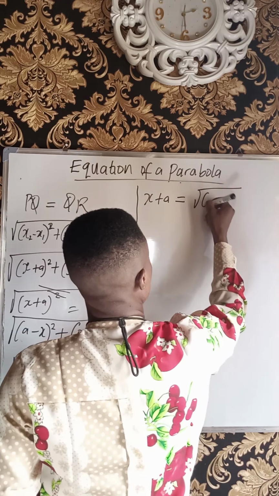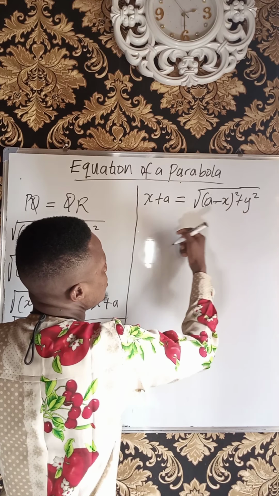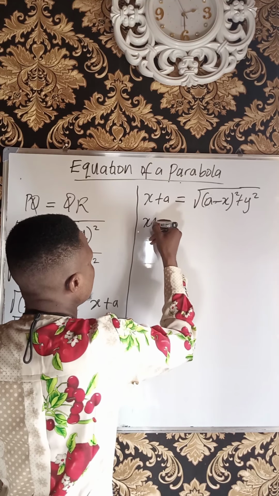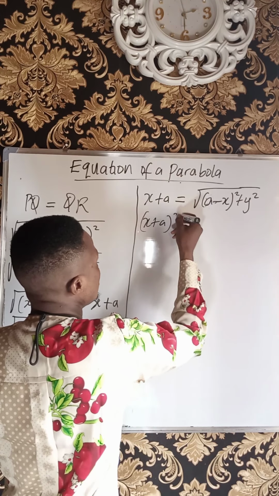That is what we have. Then square both sides so that this thing can go. If I square both sides, I will now have x plus a all squared, square cancel this, I'll have just a minus x all squared plus y squared. Okay, this is what I'm having.